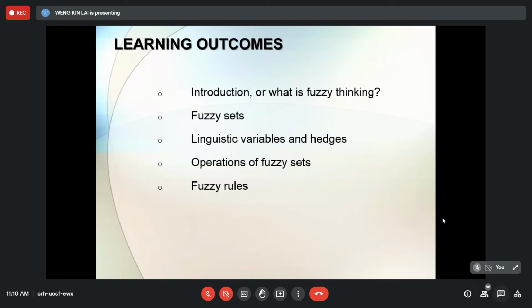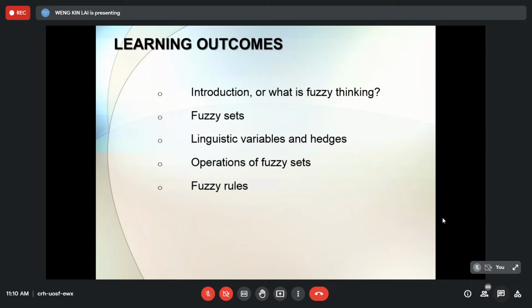Because of these linguistic variables, unlike the other more complex or equally powerful or more powerful methods in AI, this is one of the strengths of fuzzy logic, because we can read it like a book. It's that clear, right? We can follow how you arrive at that particular conclusion.